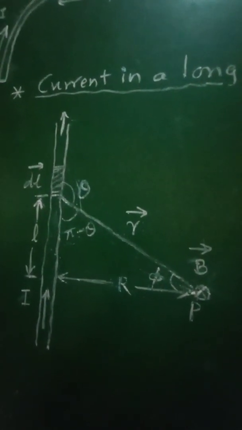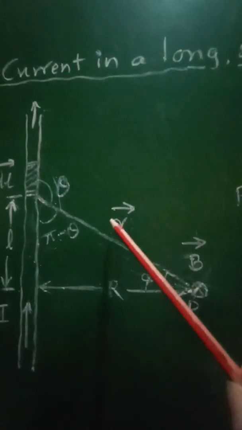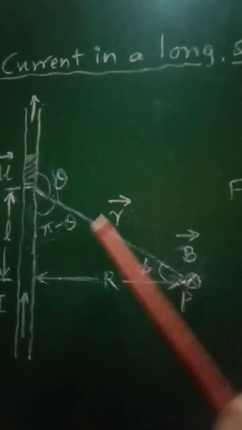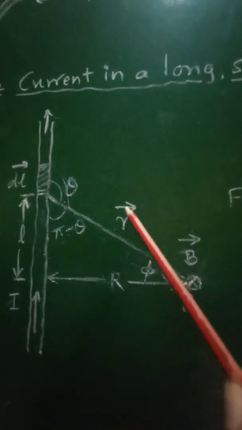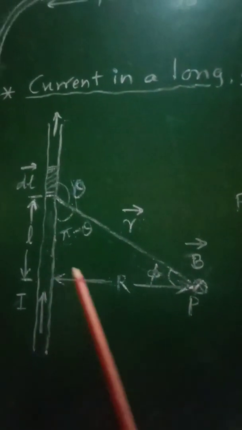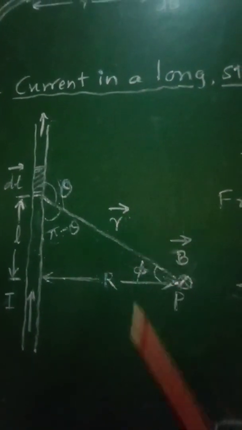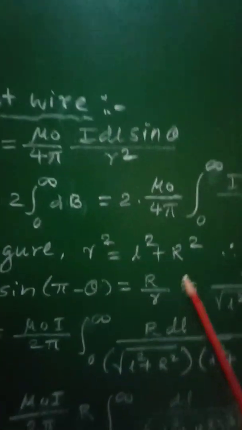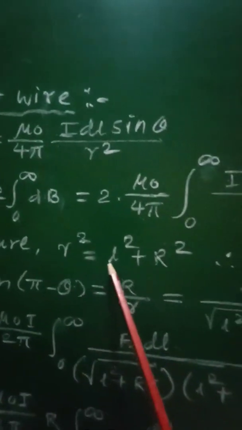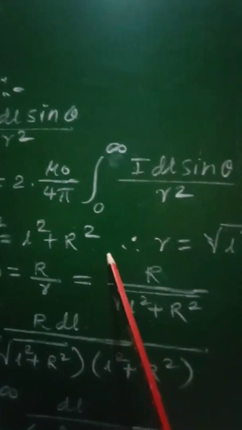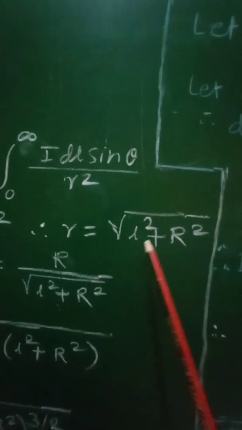Similarly, from this triangle, r square will be equal to L square plus R square, and r will be equal to square root of L square plus R square.